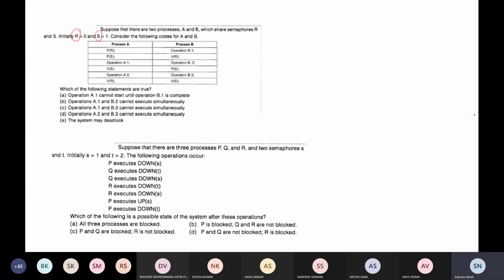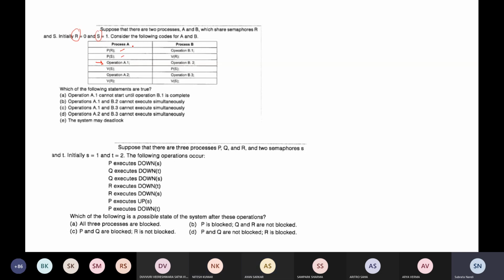Let us think one by one. Operation A.1 cannot start until operation B.1 is complete. To come to this point, it has to pass through this PR and PS, right? So can it pass PR? What is the value of R here? R is 0. So R is basically signaled off initially.